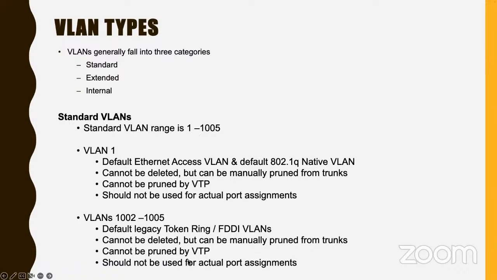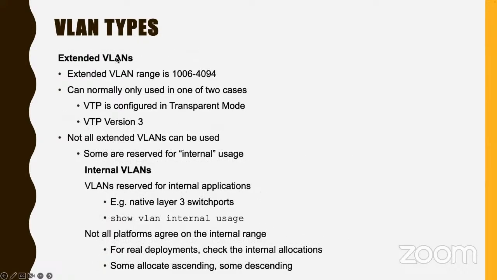They cannot be pruned via VTP, and they should also not be used since they are reserved VLANs. Extended VLANs range from 1006 onwards and go till 4094. In total, we generally say that we can have 4K or 4094 VLANs. These are not normal VLANs, these are extended VLANs.